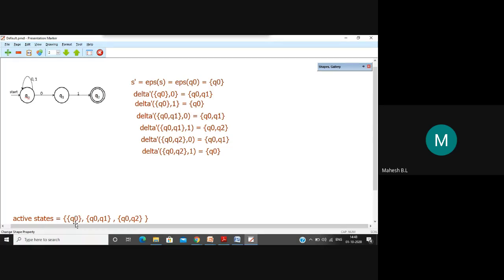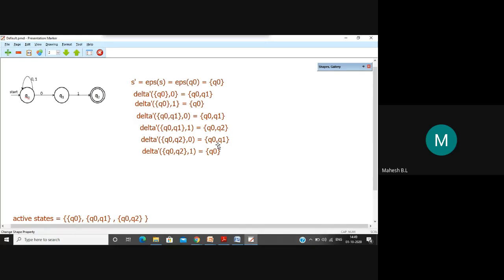Then transitions. Q naught on 0 goes to Q naught, Q1. Q naught on 1 is Q naught. Q naught, Q1 on 0 is Q naught, Q1. Then Q naught, Q1 on 1 is Q naught, Q2. Then Q naught, Q2 on 0 is Q naught, Q1.